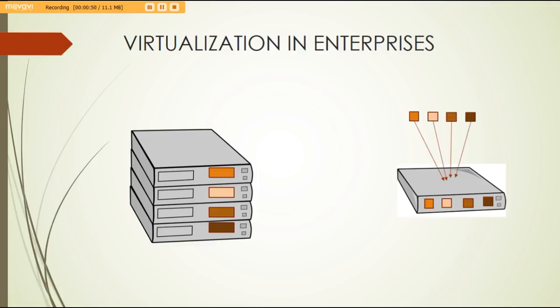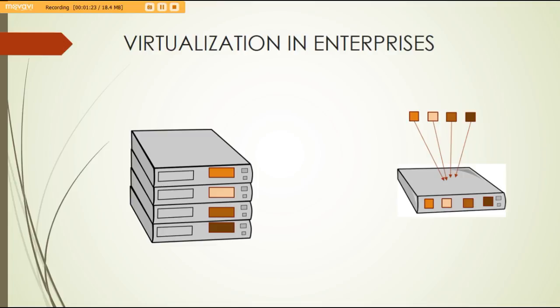In the context of enterprises, let's assume that the organization has 100 different servers. We know that to install any server, it requires some set of hardware to run the server. So if there are 100 servers, the organization needs to buy, install and run those 100 pieces of hardware.